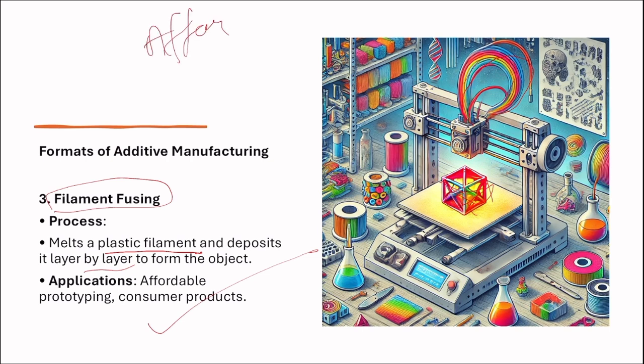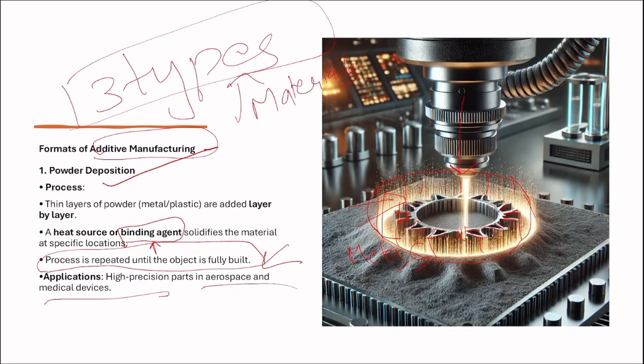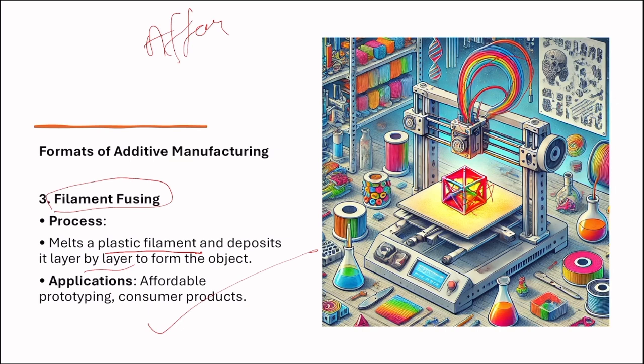Because these filaments are available anywhere, so it would be less cost, and resin curing is moderately costly. And coming to powder deposition, it is highly costly, because if you want plastic, first of all you should make sure the plastic is in powder form, which is an extensive process. So this is highly costly.